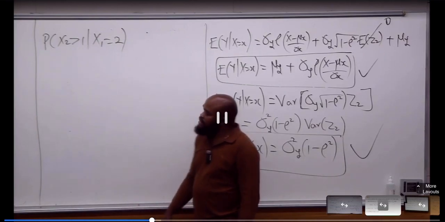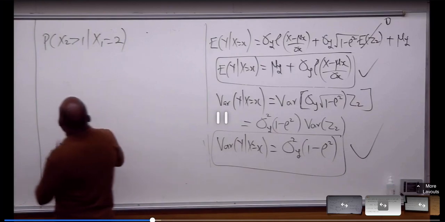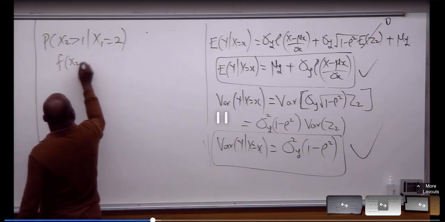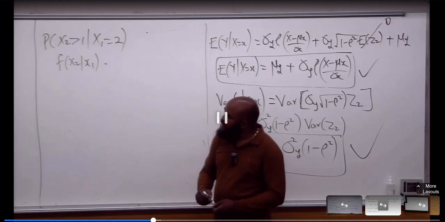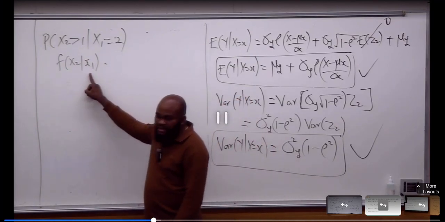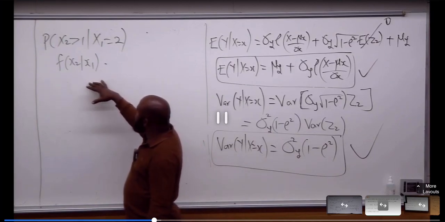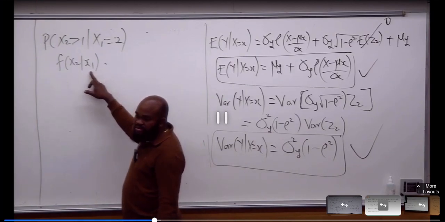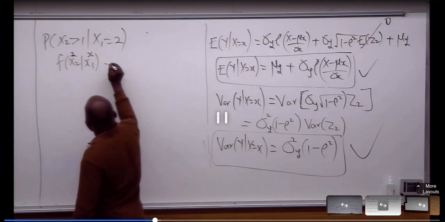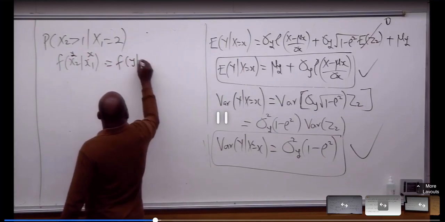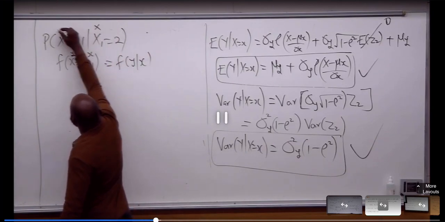Now if I want to solve this, I need f of X2 given X1, I need f of S2 given X1. Now I need you to be seeing something here. Your X1 here is like your X, and S2 is like a Y. So it's more or less that I need f of Y given S. So whenever you see X1, X2, call this one S, call this one Y, it's the same.